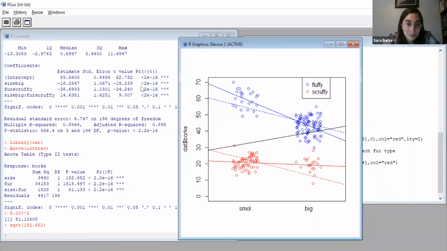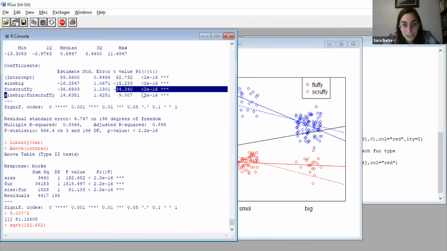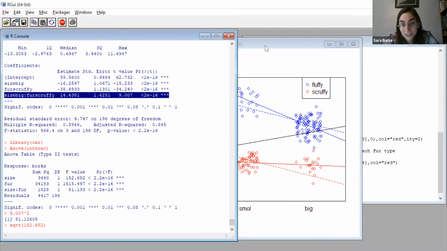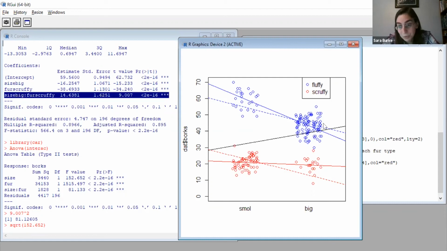When we say the interaction is statistically significant, in other words, the extent to which big dogs bark less than small dogs is significantly greater in the fluffy case than in the scruffy case.